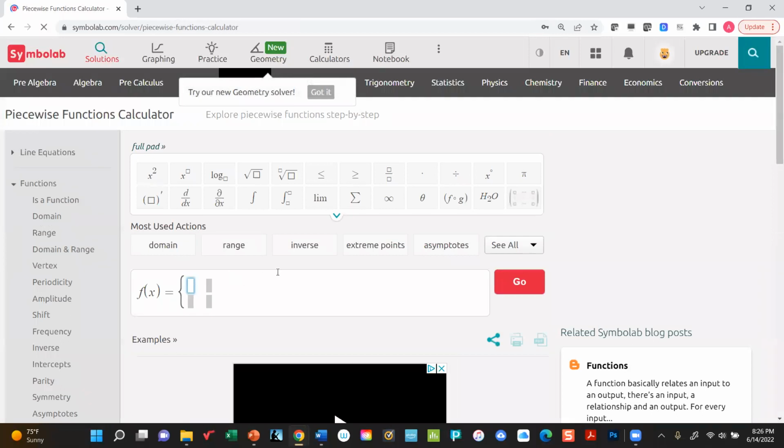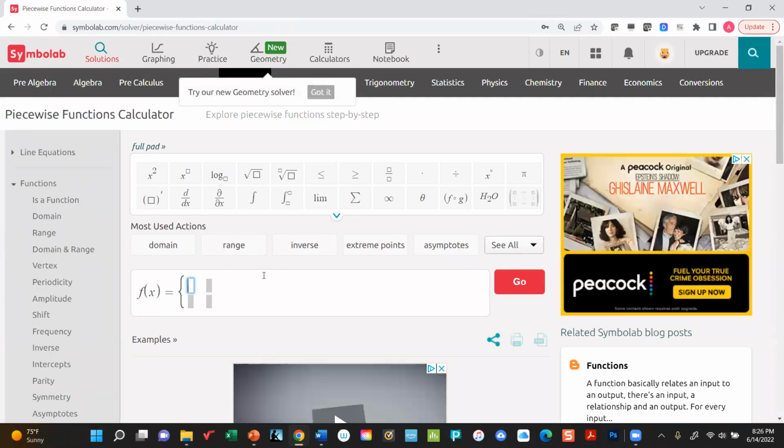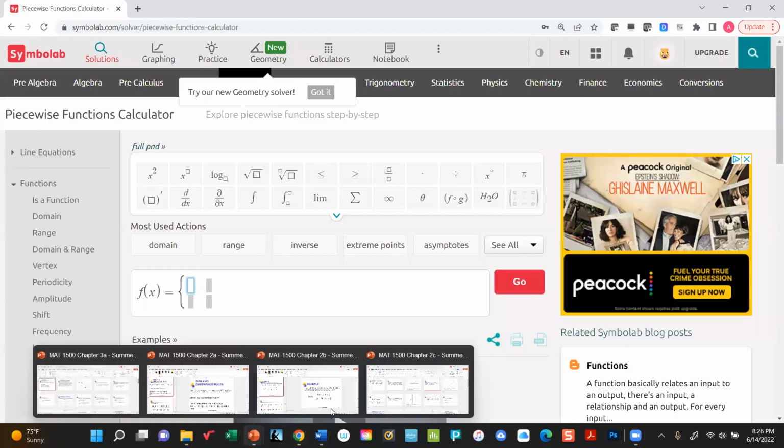Oh, there you go. Okay. I didn't know this was here. I actually still don't know how to do this without going to Google, but it's here. So let's take advantage of it. I just want you to see what this thing looks like.